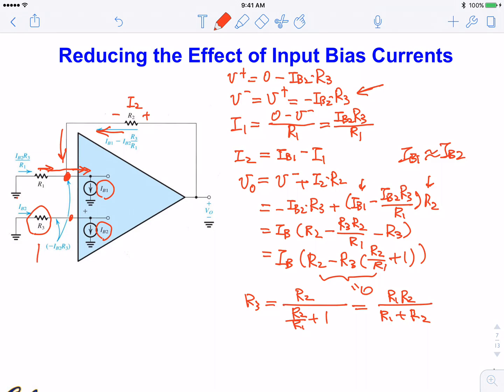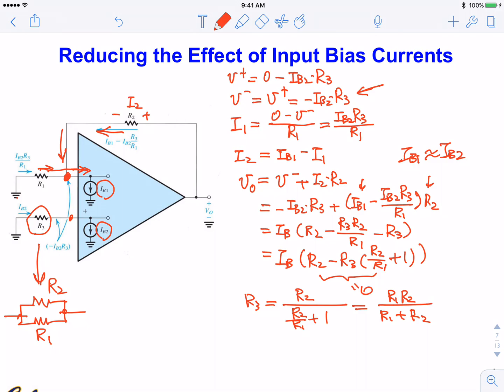So you recognize the best value for R3 is actually the parallel combination of R1 and R2. Okay, all right. Once you understand what this is doing, you'll say, oh, that makes sense. If you insert this value in here, you cancel out the dominant effect of the finite bias current that you need to send to the terminals.